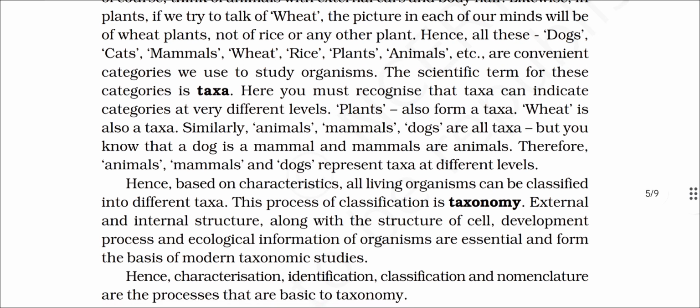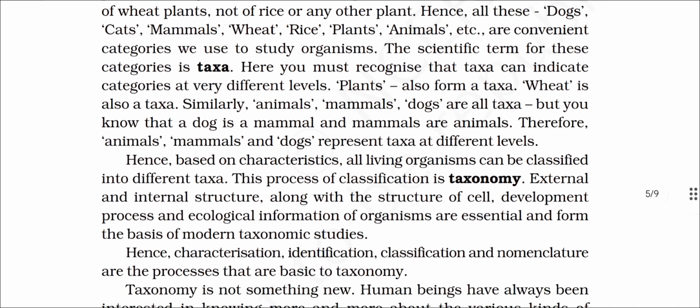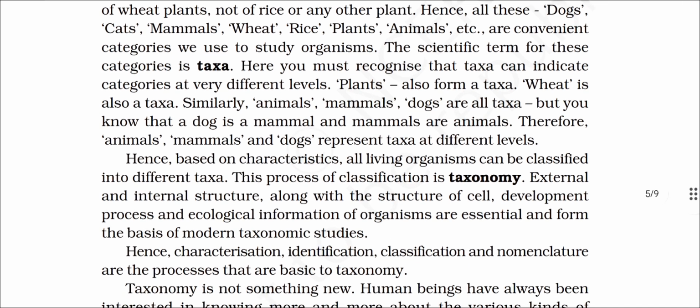Hence, all these dogs, cats, mammals, wheat, rice, plants, animals, etc., are convenient categories we use to study organisms. The scientific term for these categories is taxa. Here you must recognize that taxa can indicate categories at very different levels.